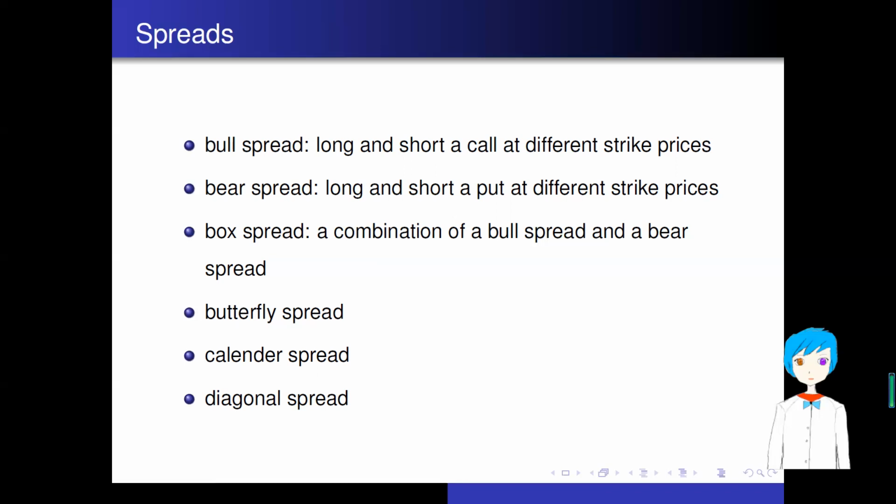The butterfly spread, which is a combination of 3 options. The calendar spread is a combination of two options with the same strike price, but with different expiration dates. Finally, we have the diagonal spread, which is the most complicated case.